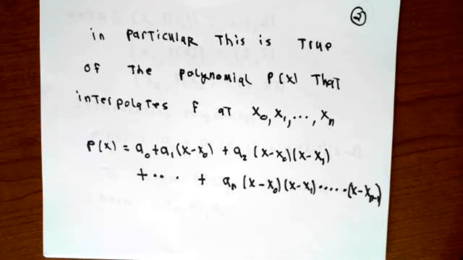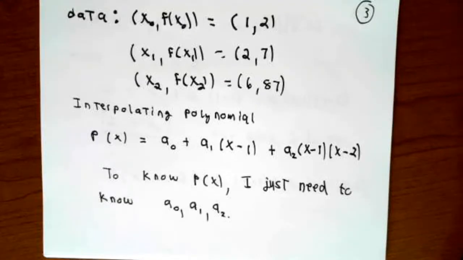In particular, if my x0 through xn numbers are actually the x coordinates out of a data set of an interpolating polynomial, our interpolating polynomial can be written in this form as well. As an example of this, think of having a data set with 3 points in it. The x coordinates are x0, x1, and x2, and we'll have corresponding function values.